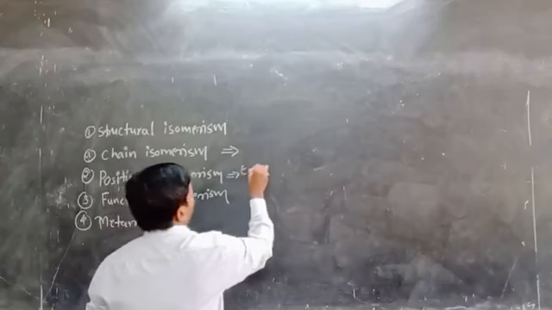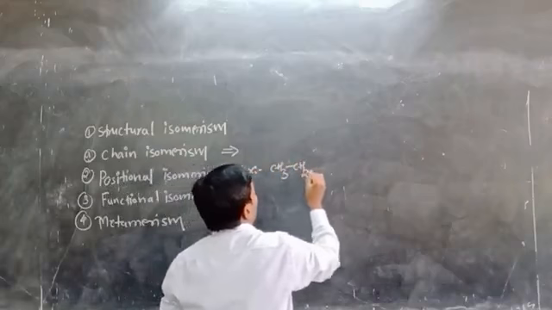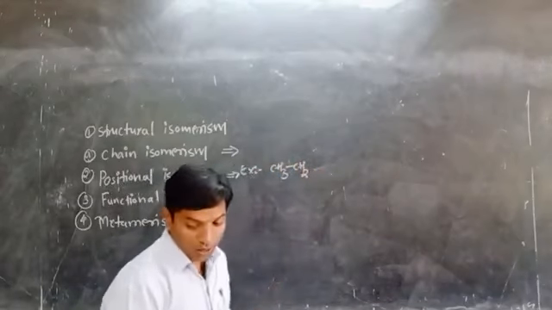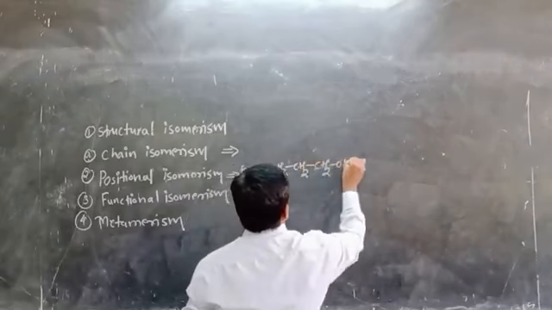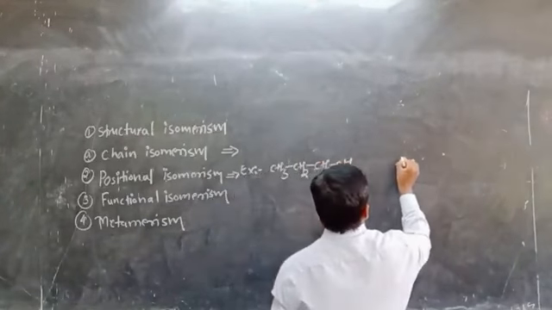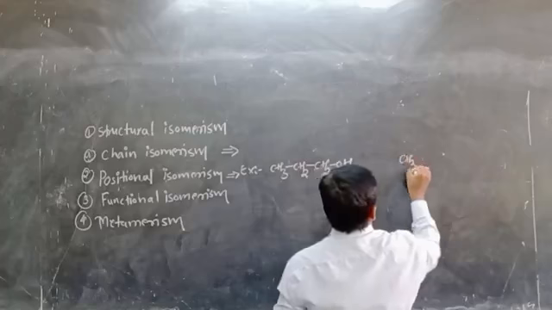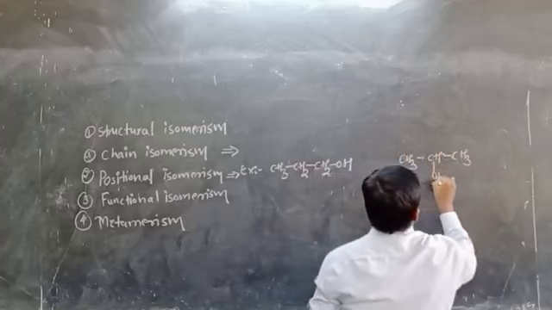One example is CH3-CH2-CH2OH. The second example I will write is CH3-CH-CH3, and here I will write the OH.